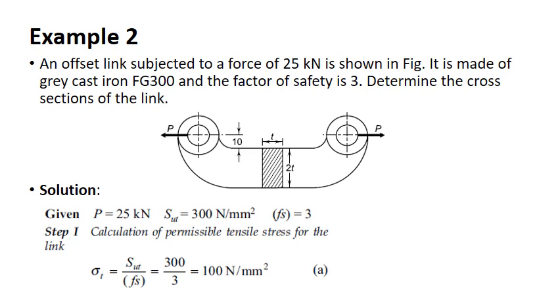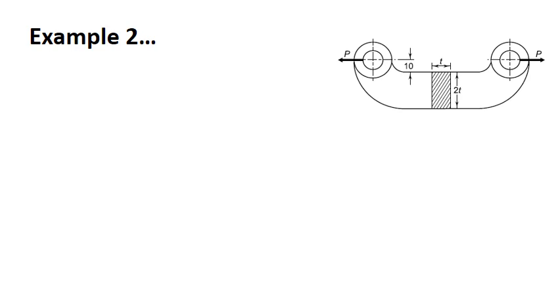Right? So now FG300. Here we have to design against ultimate tensile strength with a factor of safety of 3. So divided by 3, the load P should not induce a stress of over 100 MPa because the factor of safety is 3. Okay. So now what is sigma T here? Sum of tensile stress plus bending stress.